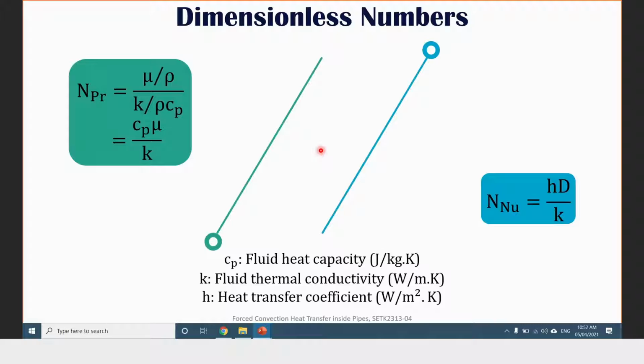But so that we can simplify and correlate all these equations, we use these numbers so that we can calculate the temperature profile, the rate of heat transfer, and all those things.